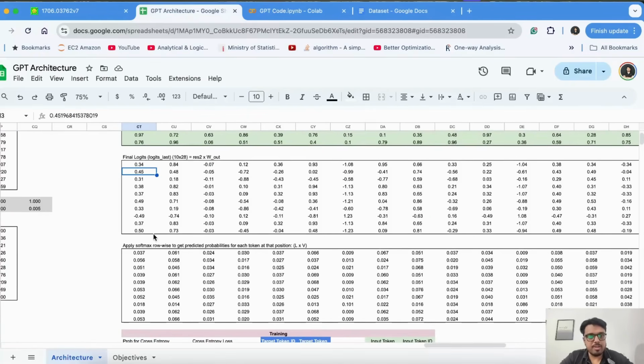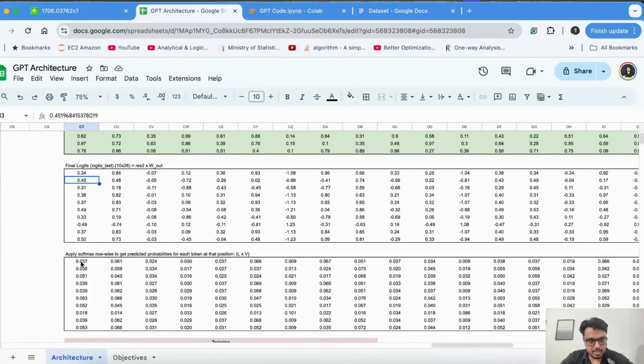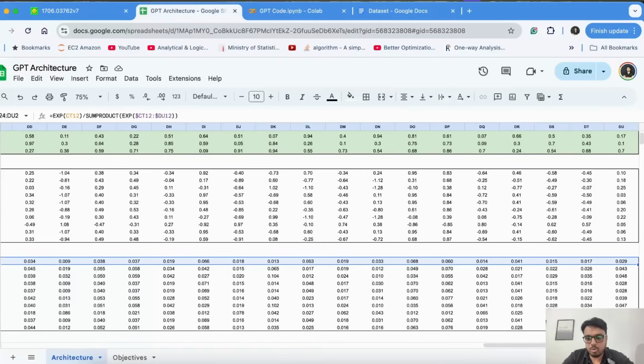Now we apply a softmax across this final logits matrix. Softmax is nothing but smoothing out the distribution, representing these logits as a probability distribution such that each row sums up to 1.